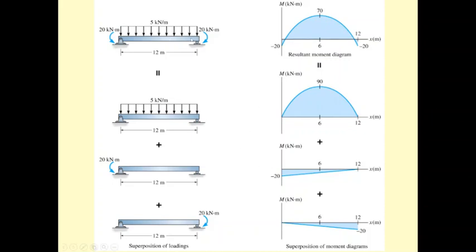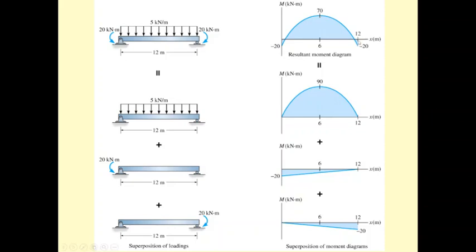then we combine them together to get the moment diagram of the top beam. And then the value of the moment on the left will be determined by 0, minus 20, and minus 0, so it is going to be minus 20. And 90 minus 10, we obtain 70 kilonewton meter at the middle.